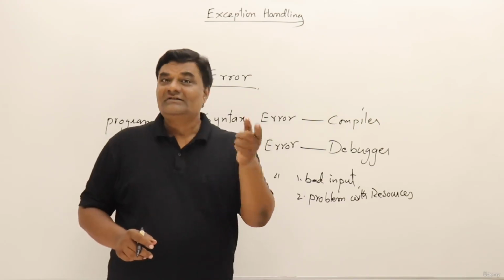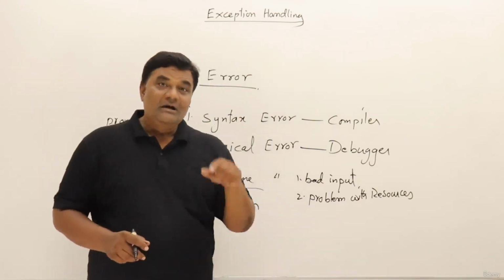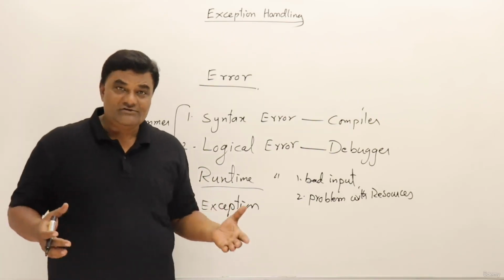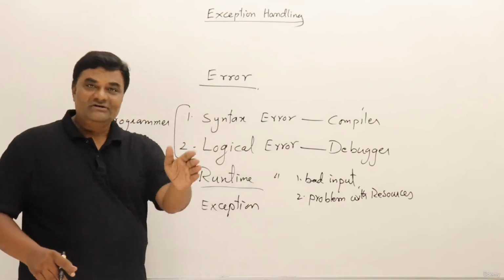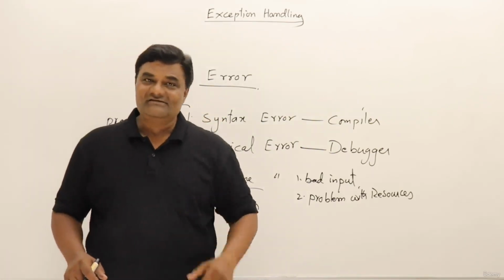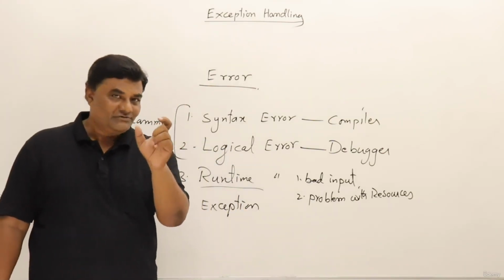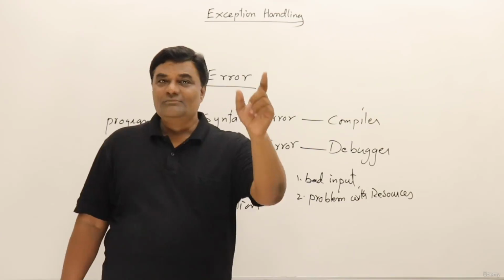So the program should not terminate in such a situation, but guide the user to solve the problem, because who is there to resolve it? The programmer will not come to the client side and check for the errors and remove them. The program itself can give a proper and meaningful message to the user so that the user can remove this type of problem.